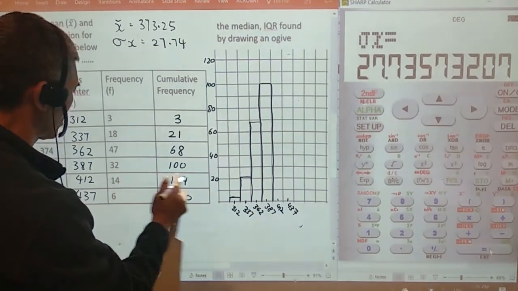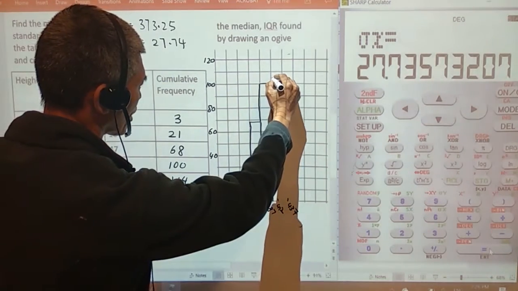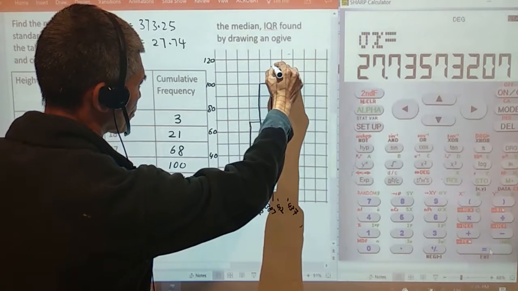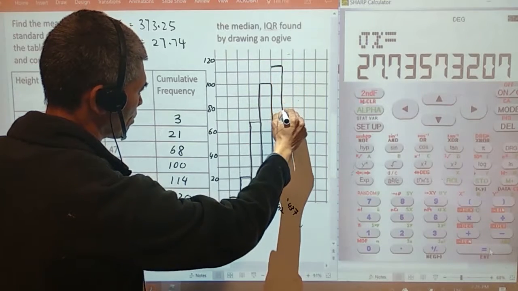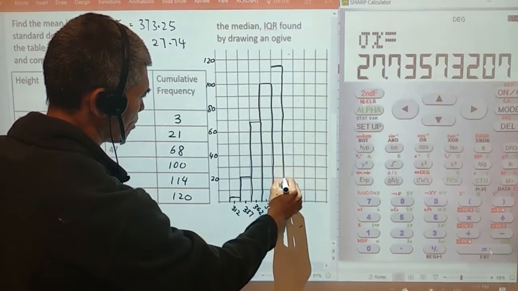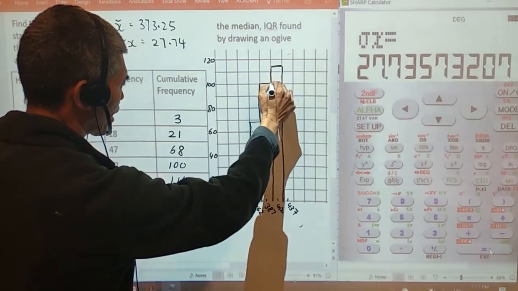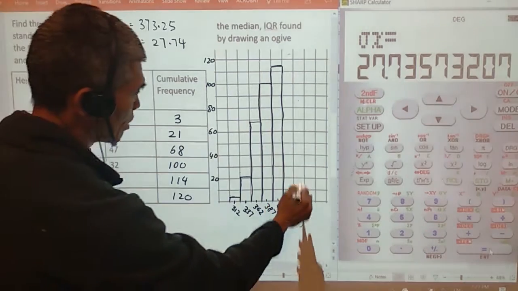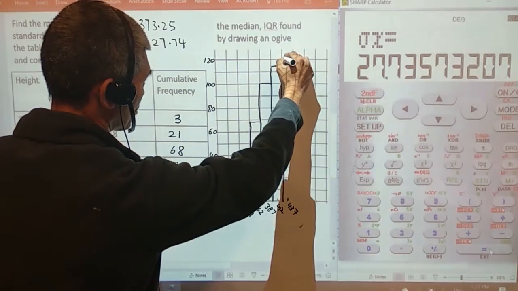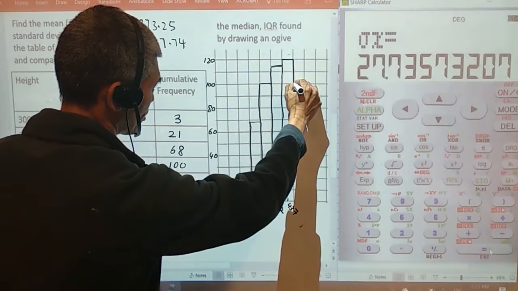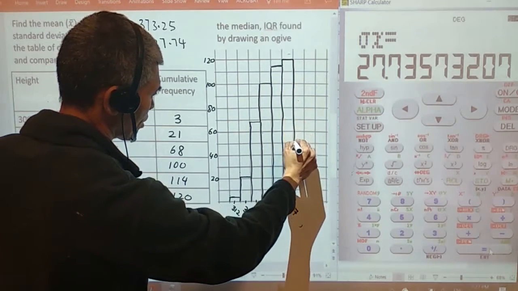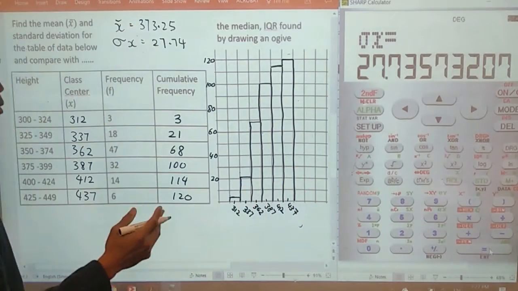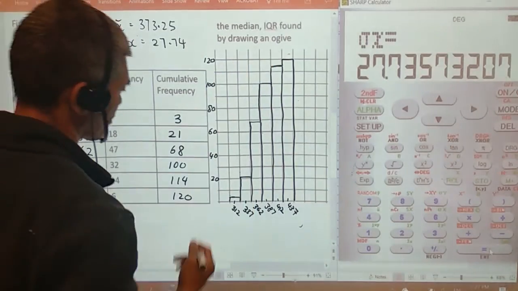So the next one, 412, we will have 114, so that will be somewhere here. And finally, we have 120 here. There you go. It shows you that at the extreme ends, it grows slower because there are fewer people in the population who have extreme values.